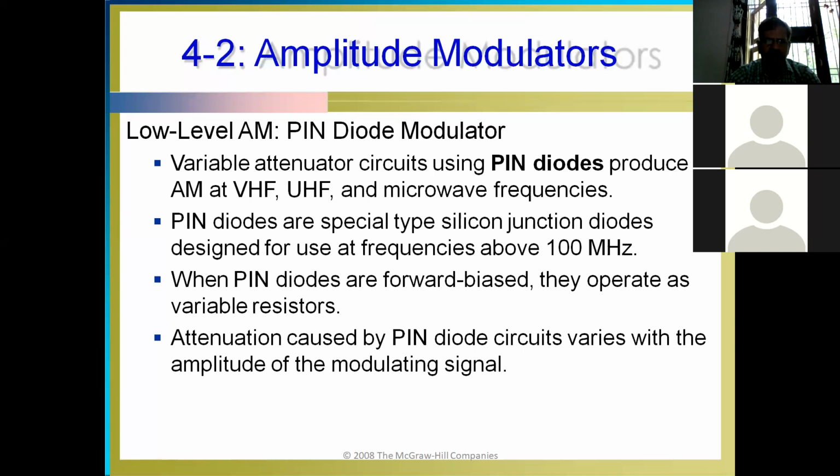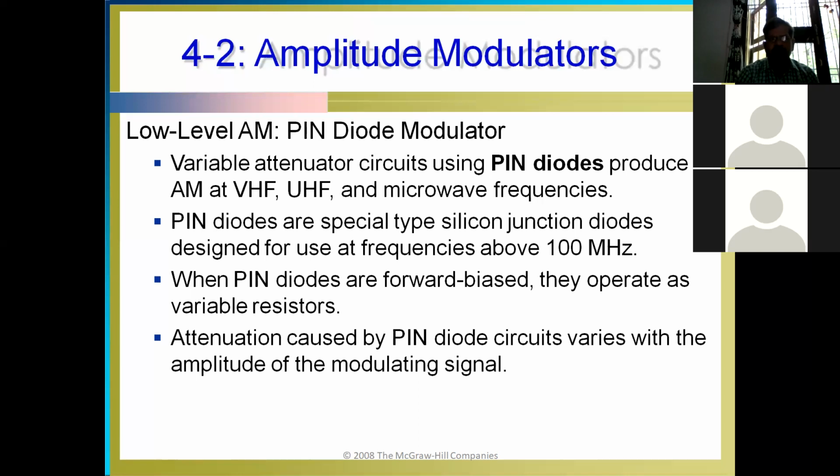P means p-type, I means intrinsic, and N means n-type. This formation is called a PIN diode. PIN diodes are designed for use at frequencies above 100 megahertz, which is very high frequency.